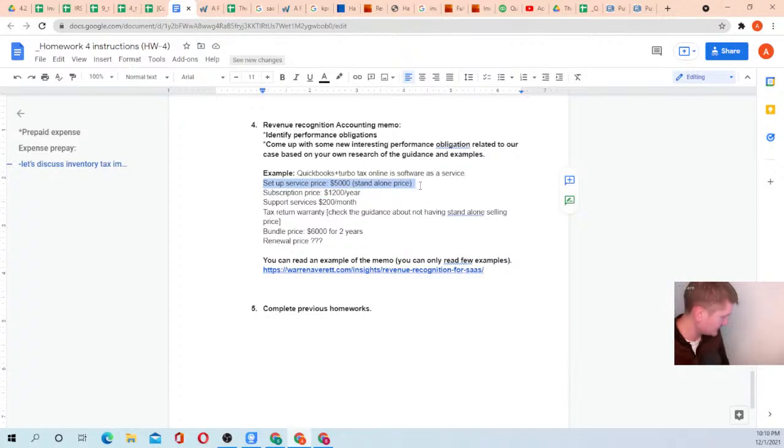But if, for example, and we will look into that one more time, we already subscribed to software and we have something to deal with, and we can use that software somehow independently, then we can buy that setup service.